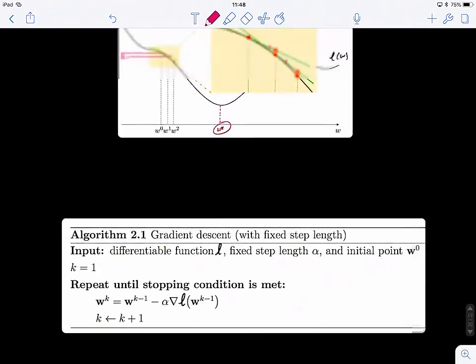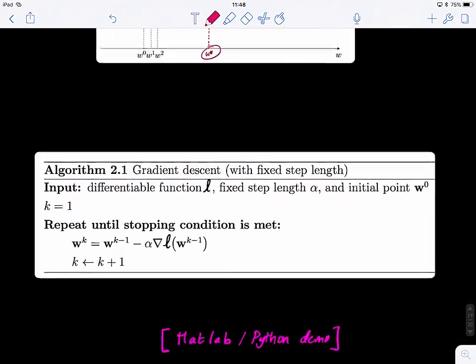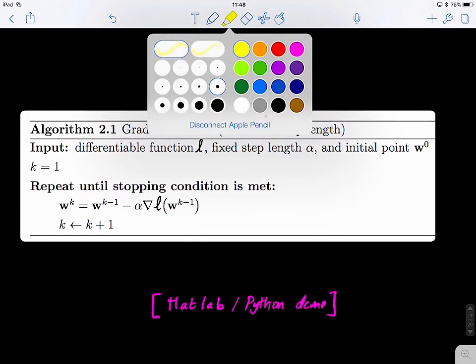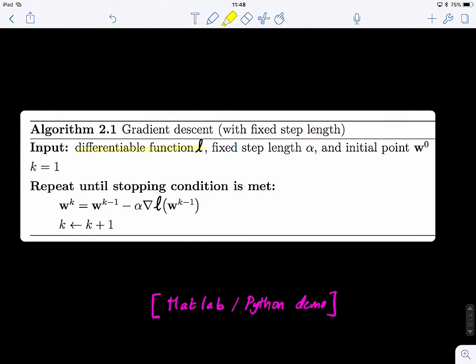Great, so let's summarize. So this is the gradient descent algorithm. For what we call a differentiable function L, differentiable means we can derive it many times, okay? And this is the condition that holds from the beginning of this lecture because we're computing partial derivatives and derivatives. So we hypothesize that our loss function L is differentiable.